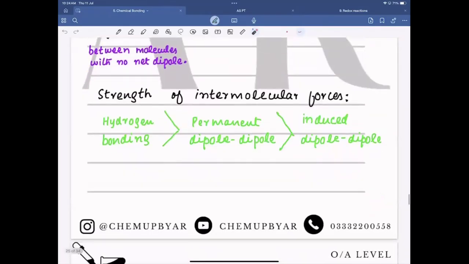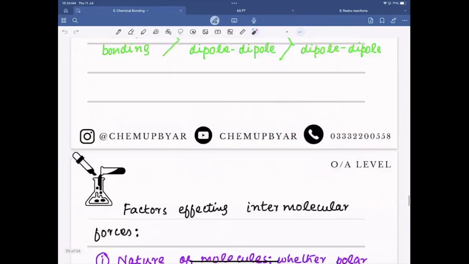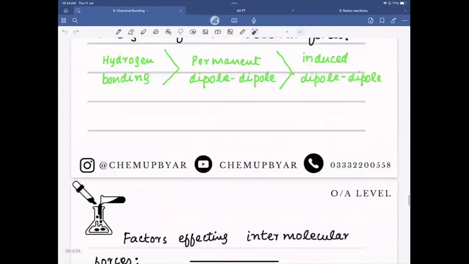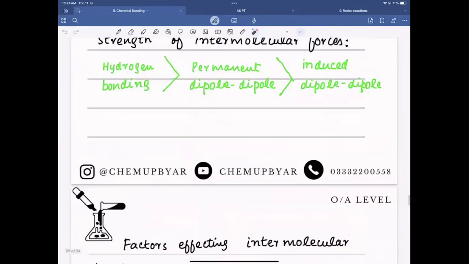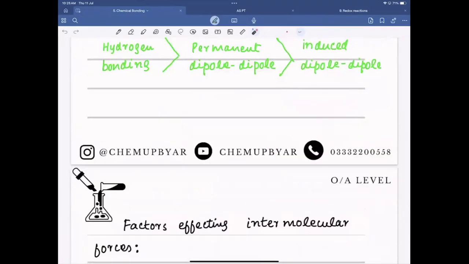Now we have to understand the factors affecting the intermolecular forces. So remember, when we are comparing, for example, I have one molecule and I have another molecule. Between hydrogen molecules, which intermolecular force will be there?